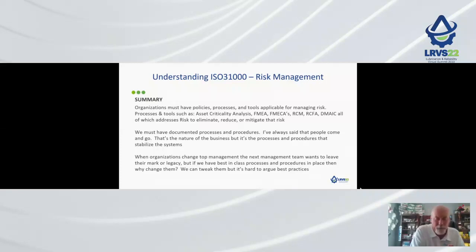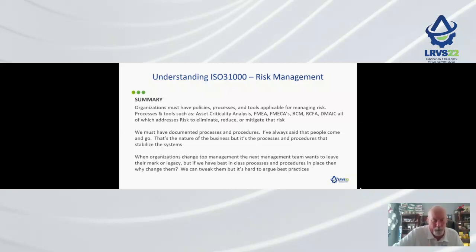When we do that, we need to identify potential risk or potential failures, failure modes. We can use these tools called failure modes and effects analysis or failure modes, effects, and criticality analysis. That helps determine our maintenance strategies to eliminate or mitigate risk or reduce the consequence of those failures.